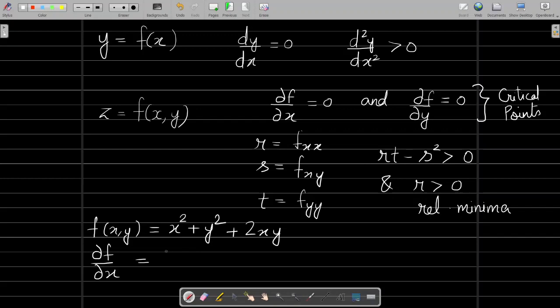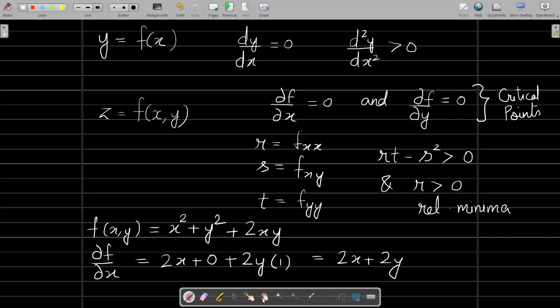So dou by dou x of x square is 2x, and dou by dou x of y square is 0, because y is treated as a constant. Plus, 2y is a constant and dou by dou x of x is 1. So the output comes out as 2x plus 2y.